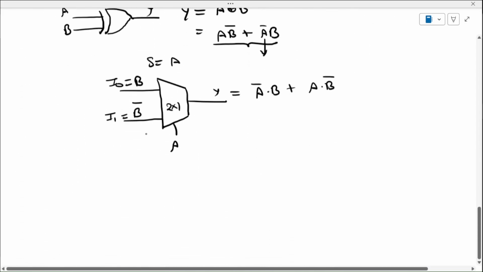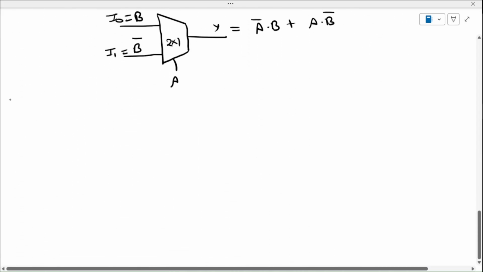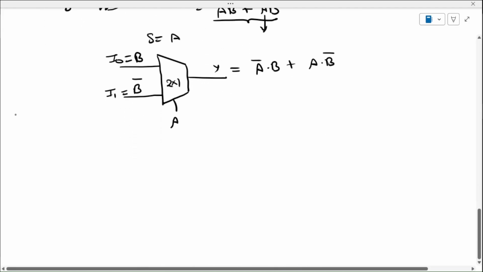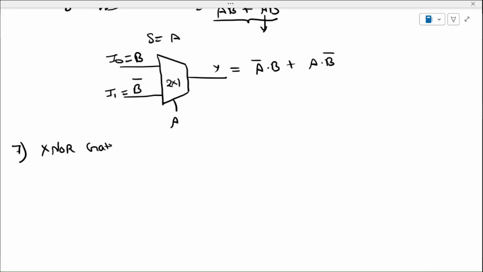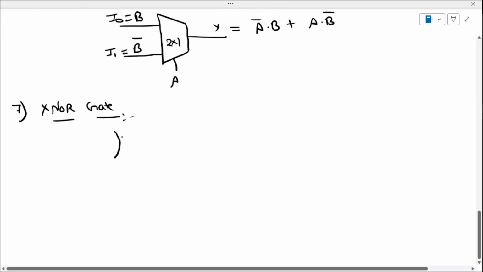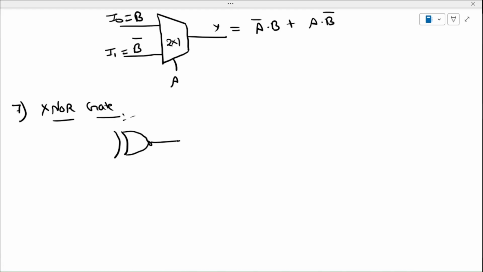So now let's discuss about XNOR gate. XNOR gate is nothing but the inverted XOR gate. The equation for the XNOR gate is Y equals to A dot B plus A bar B bar.